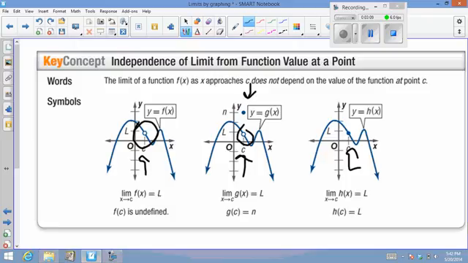But still, I'm caring about what happens as x approaches from the left and from the right. So since I'm coming from the left and from the right, I really don't care what the value is exactly at that point, but I care about what it approaches from the left and the right. So my limit is in fact L, even if I have a discontinuity or a jump discontinuity. And you can find this information in your book as well.